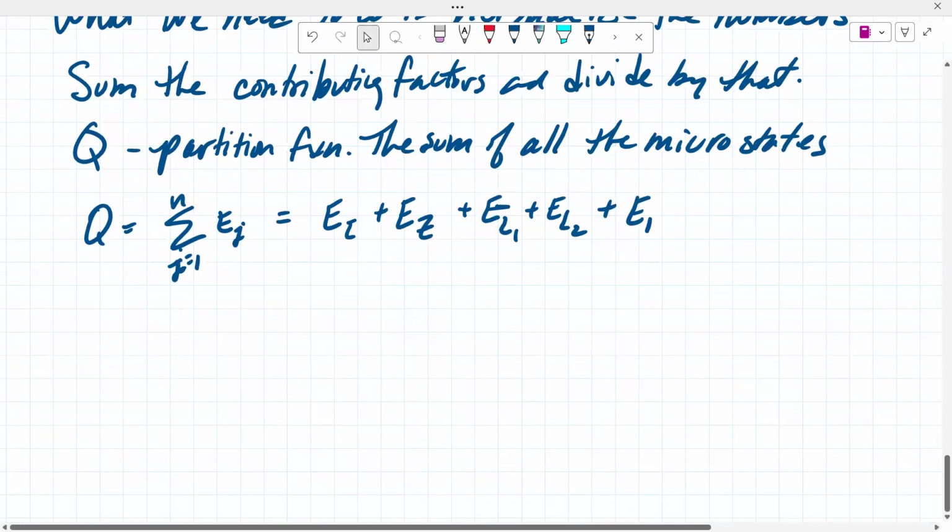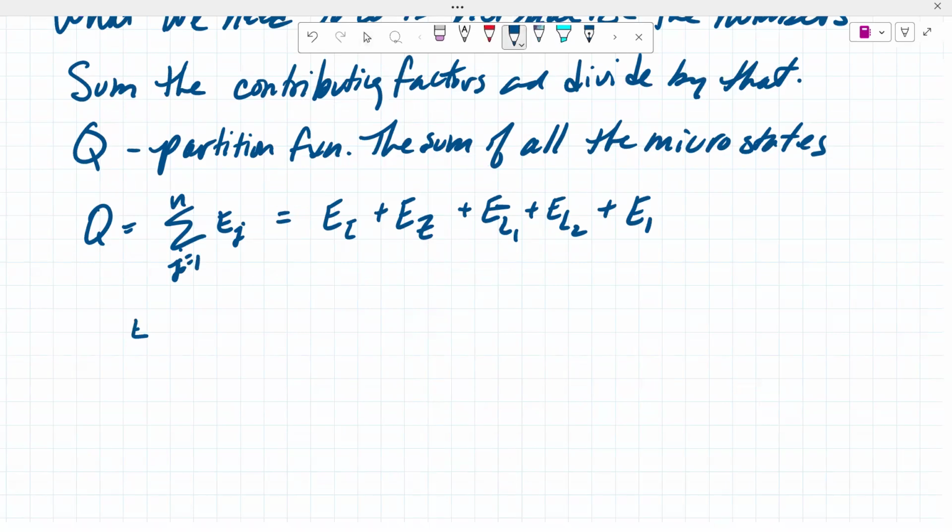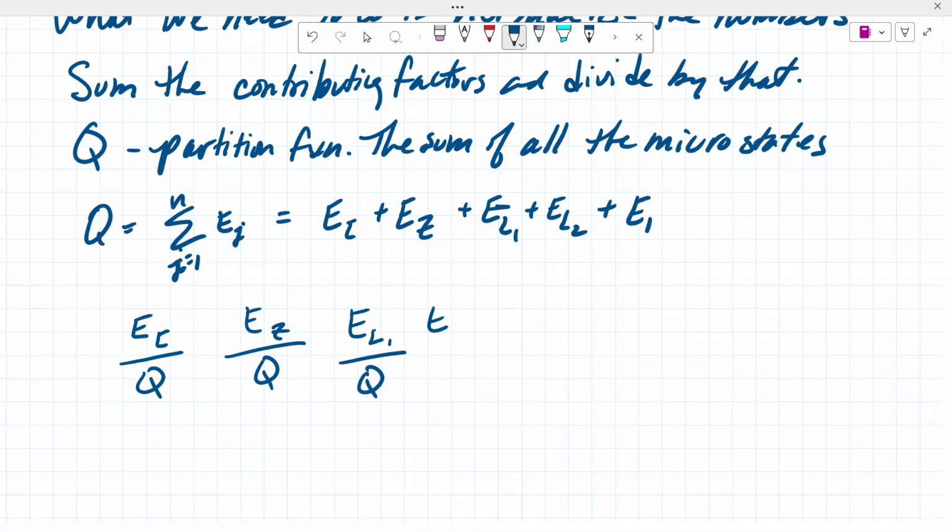So what we're gonna do is we're gonna calculate E sub this over Q. We're gonna calculate E sub C over Q. We're gonna calculate E sub L over Q for each of them, all right? E sub 2 over Q. They're gonna have the same number.